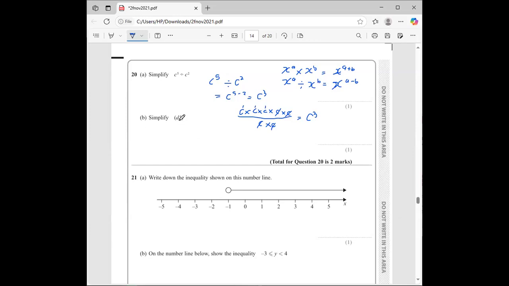The next question said D raised to power 4, all raised to power 3. The law for this one is X raised to the power of A, all raised to the power of B, is equal to X raised to the power of A times B. Okay, so it's just saying that you should just multiply them.